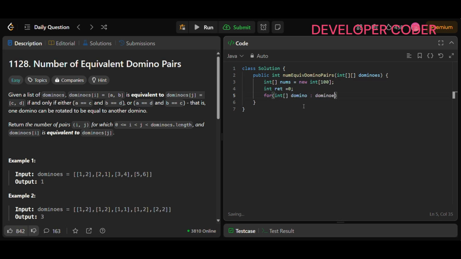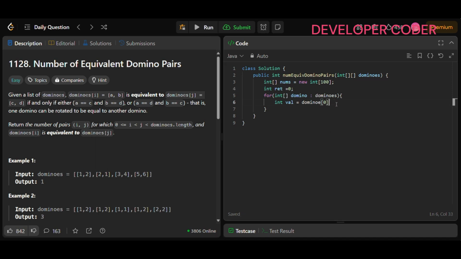Okay, so inside this, here you have to check the value. How are you going to check? Int value is equal to, you will check domino value at 0. Okay, so we have two values, at 0 index and at 1 index.